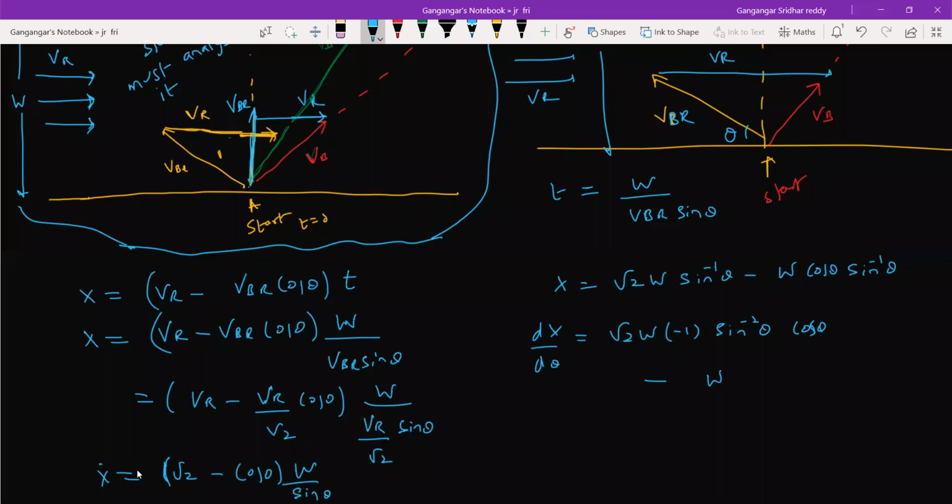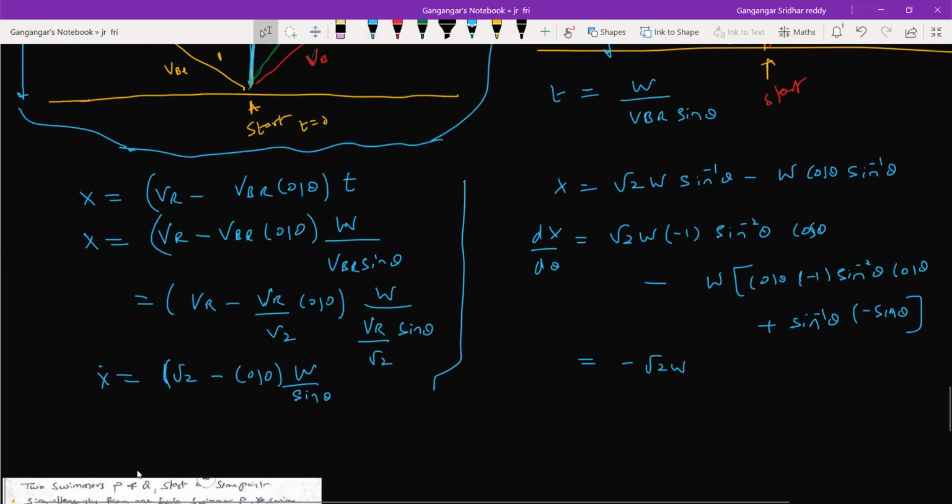Minus of W, the bracket term, first cos theta, this will be minus 1, sine minus 2 theta, this will be cos theta, plus the derivative of cos theta will be minus sine theta. So this will be negative minus root 2 W.